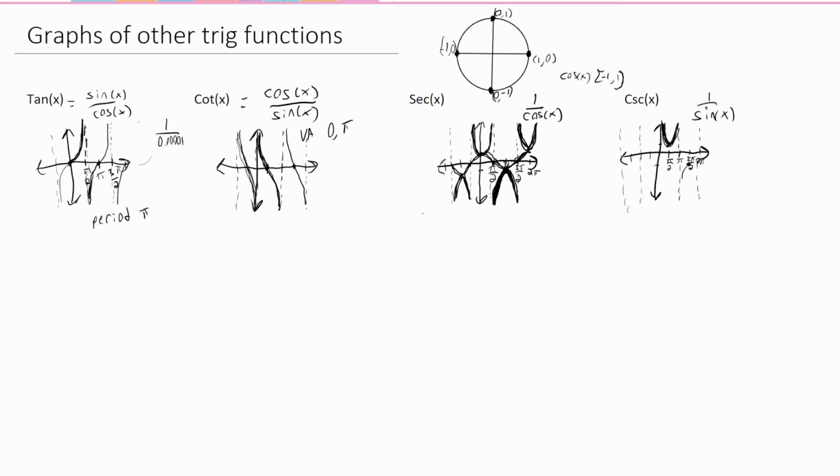And here we're going to have our parabola with a vertex of -1 going through and approaching our vertical asymptotes on either side. And we're going to have a similar pattern here, and similarly over here.